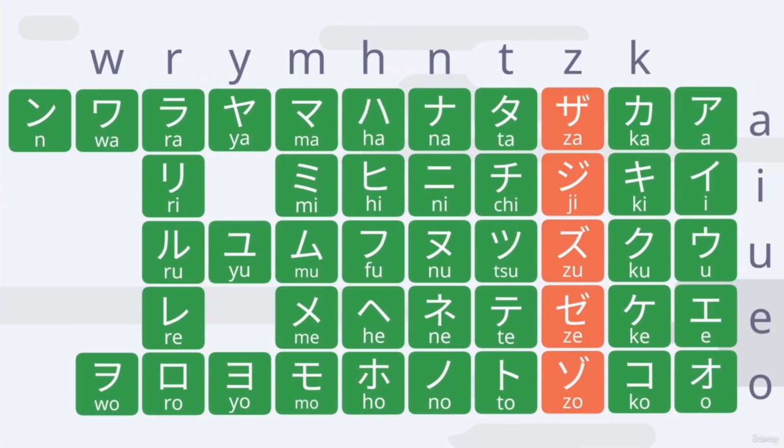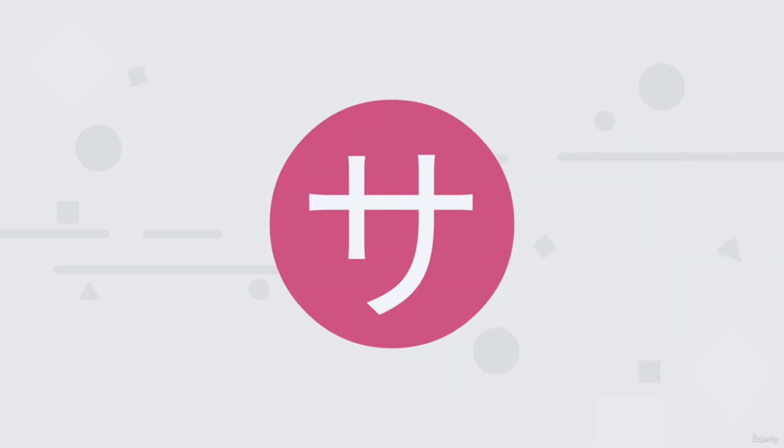In this lesson, we'll learn the characters za, ji, zu, ze, zo. To review, what is this character? Sa.